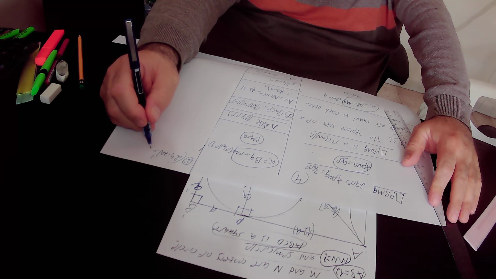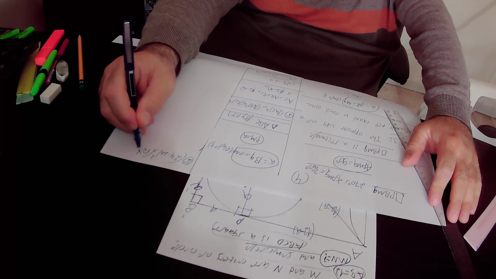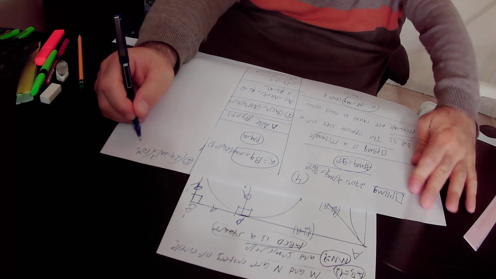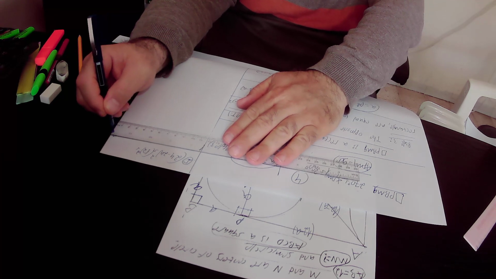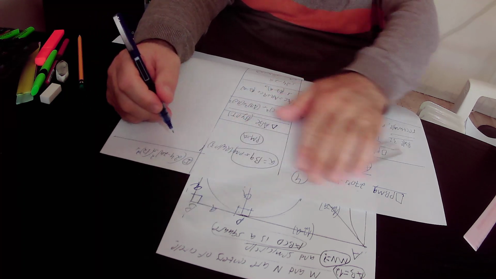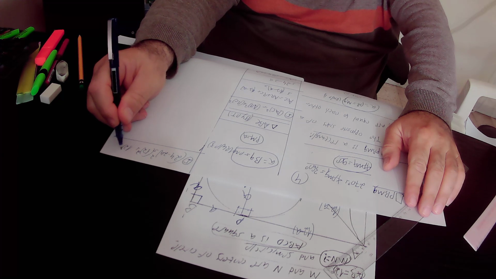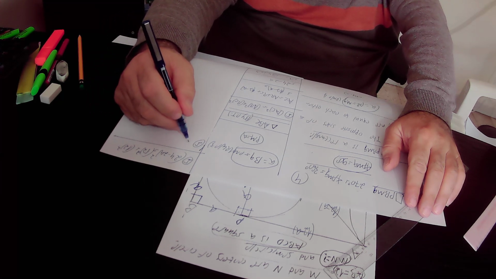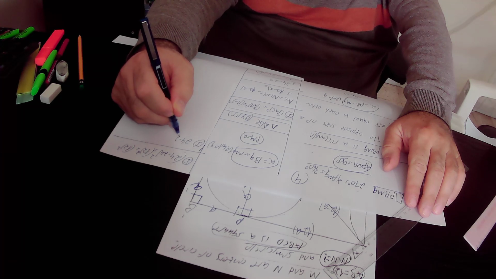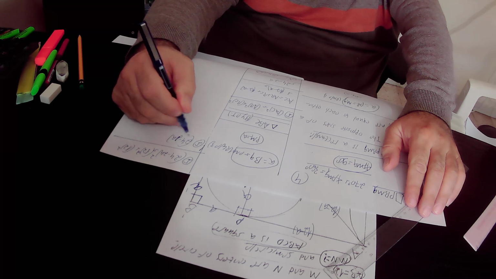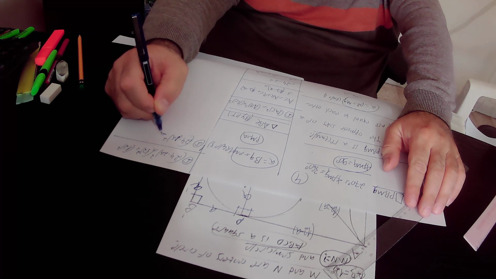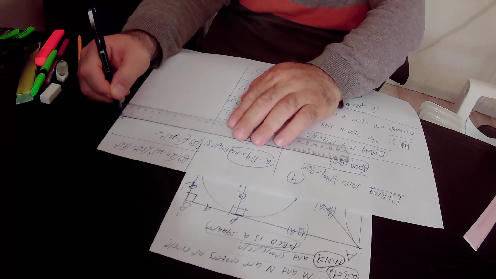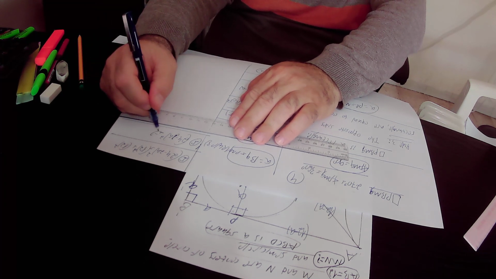AB is 12, so AB square is 12 square, and BC is also 12, so BC square is also 12 square. So (24 minus 2A) square equals 12 square plus 12 square, which is 2 times 12 square.